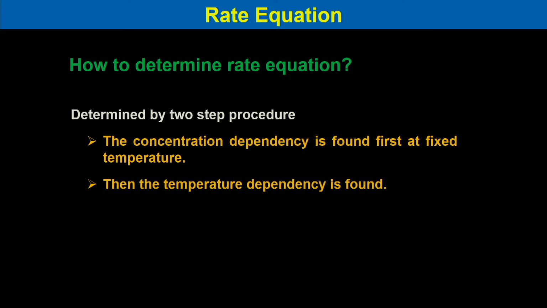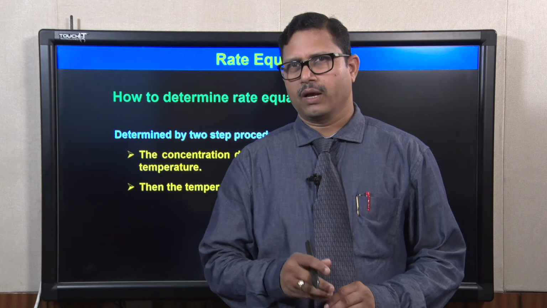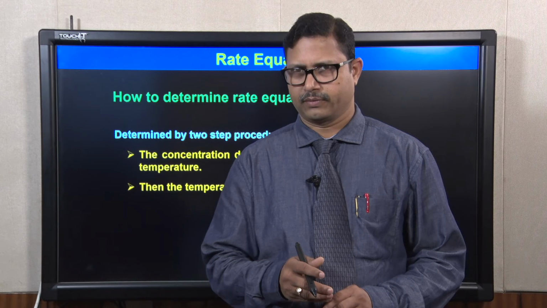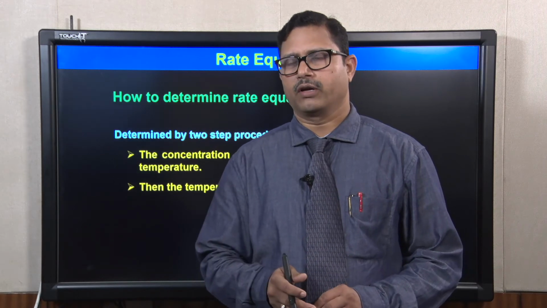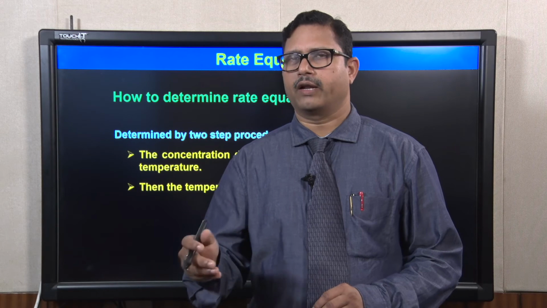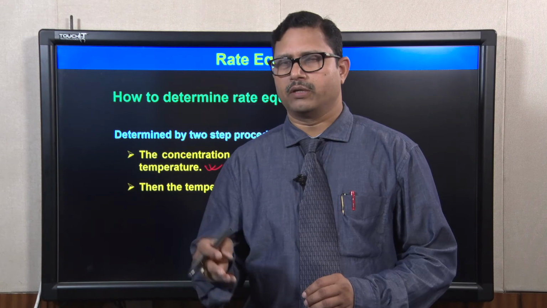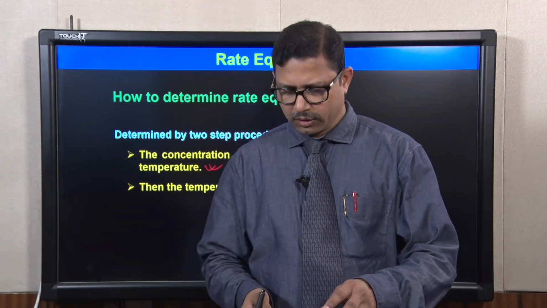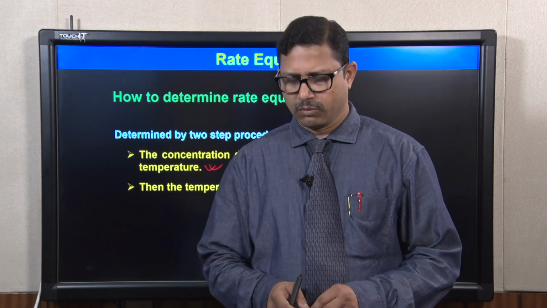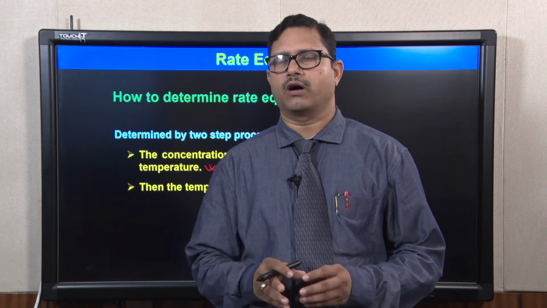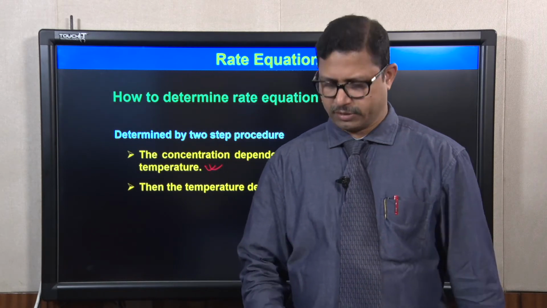So, we keep the temperature constant, vary the concentration and obtain the kinetics. That is the first thing we can do. Then we fix the concentration and vary the temperature to obtain the temperature dependency. Combining these two things gives the overall rate equation, which is a function of temperature and concentration.